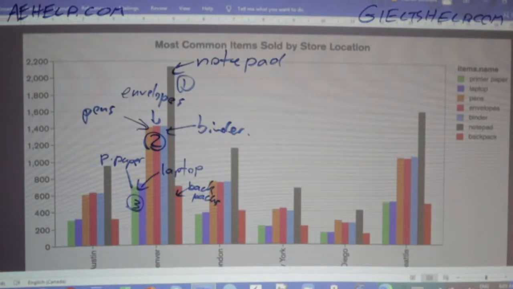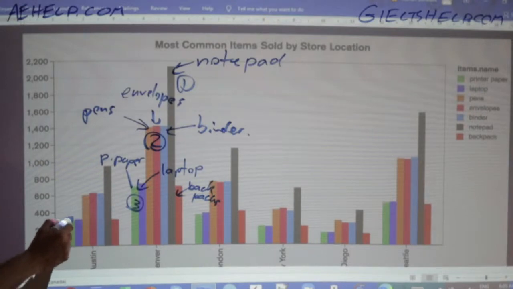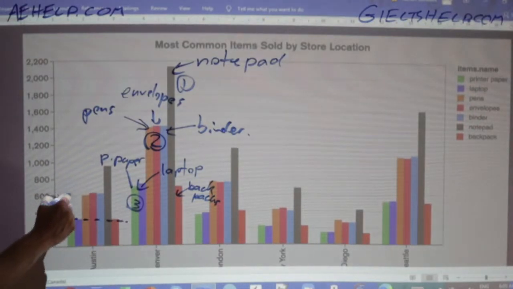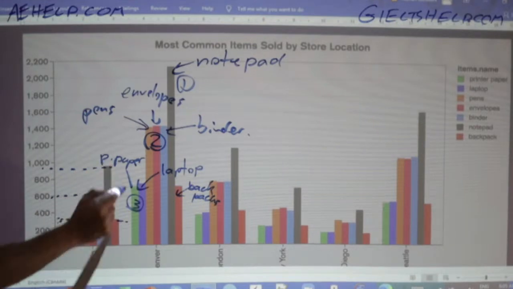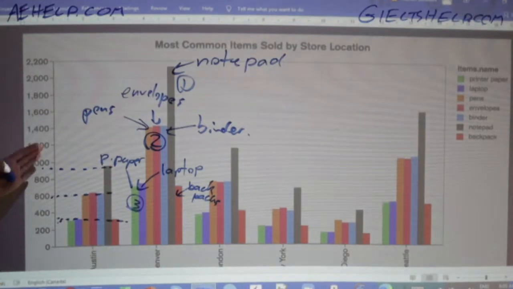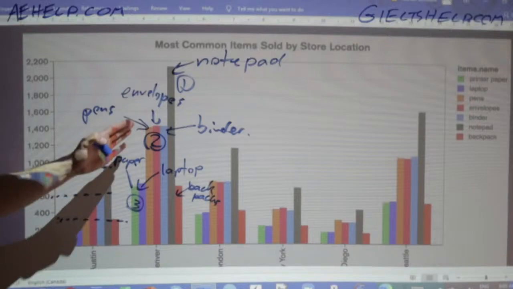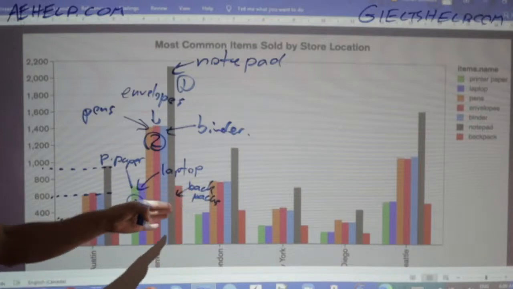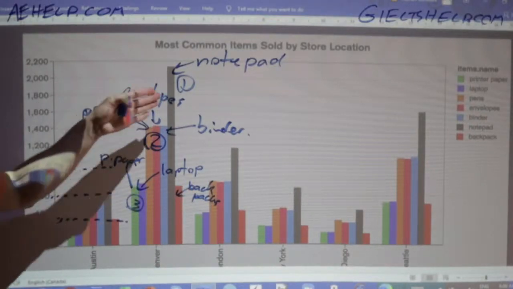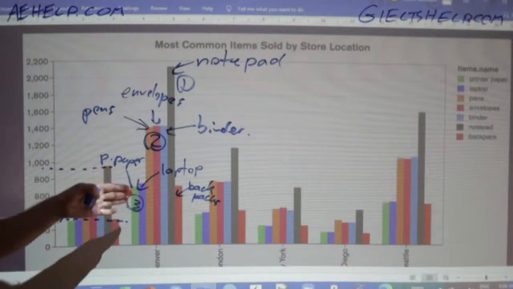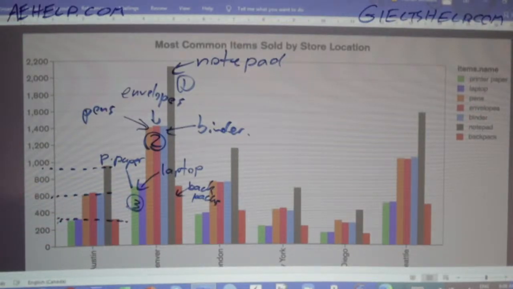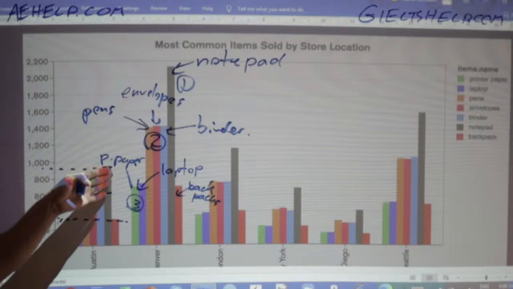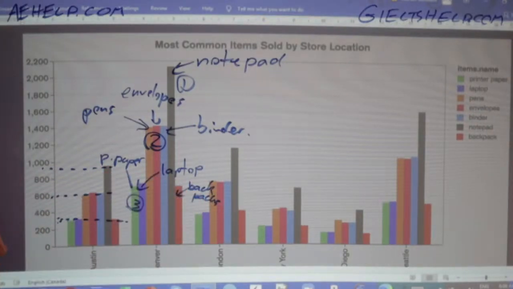So we're roughly looking at proportions here. So what can we say if we look at these proportions? What can we say about the proportion of sales for each of these items? If we compare printer paper, laptops, and backpacks to pens, envelopes, and binders, roughly, how many more pens, envelopes, and binders were sold compared to paper, laptops, and backpacks?